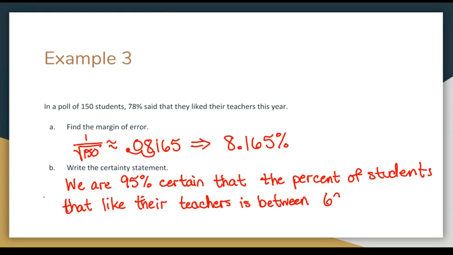So the low end is 69.835%. And take the 78 and add the 8.165%. So the high end is 86.165%.